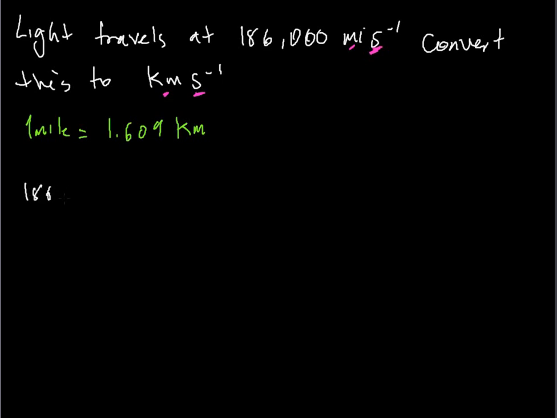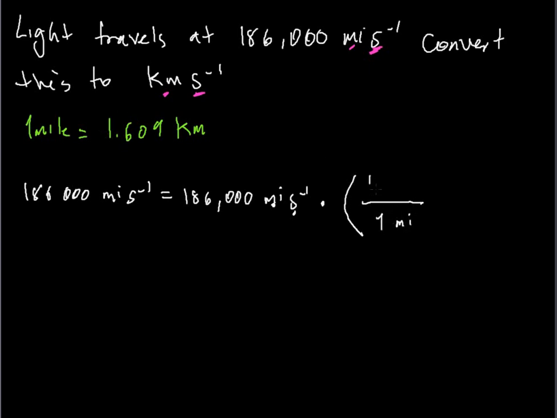So we have 186,000 miles a second equals 186,000 miles a second multiplied by, now notice our miles here is in the place of the numerator and our time unit is in the place of the denominator. And so since our miles unit is in the place of the numerator, we're going to place our miles at the bottom here. So 1 mile is equal to 1.609 kilometers.